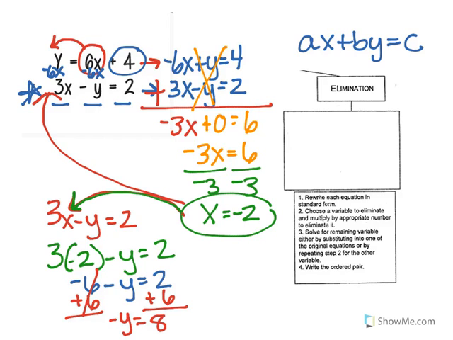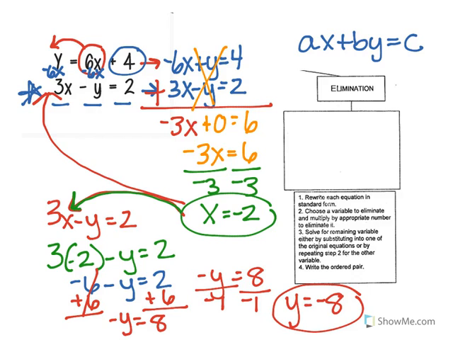And since the variable cannot be negative, then I'm going to divide both sides of the equation by negative 1. This leaves me with y equals negative 8.